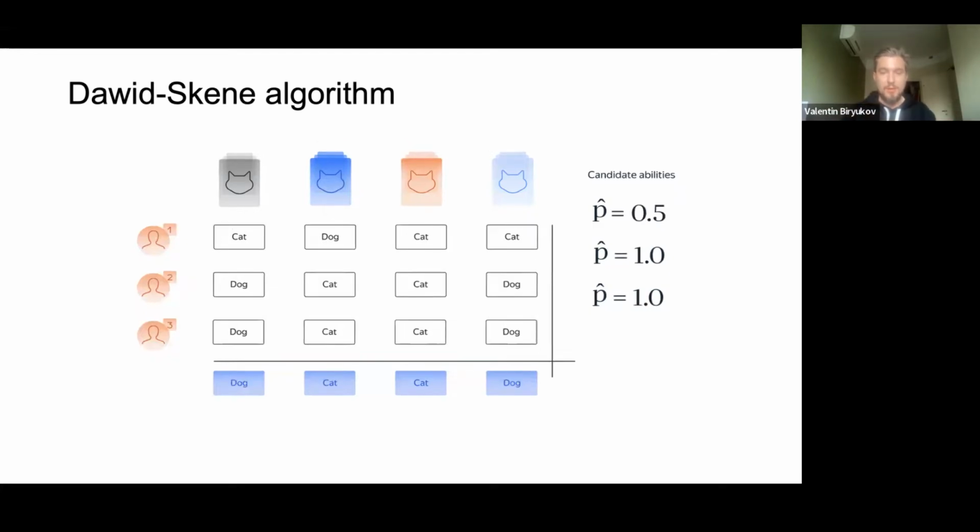Then they recalculate, and we may understand that some skills may change, and they also obtain the correct answers that maximize the likelihood of this data, and generally they obtain two cool things.